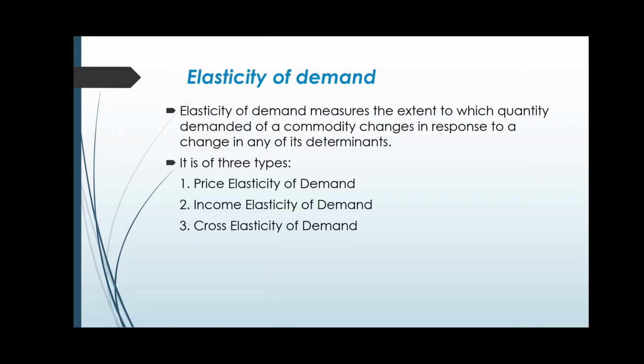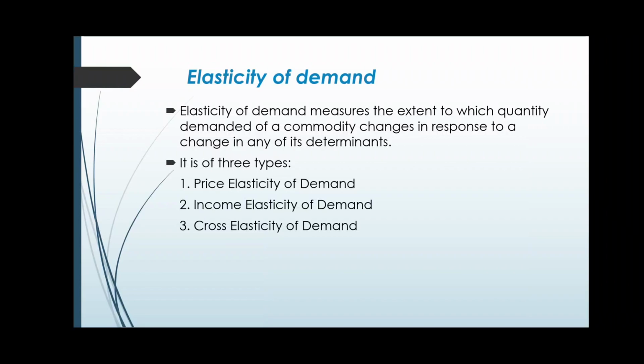And there are three types of elasticities. The first one is price elasticity of demand. The second one is income elasticity of demand, and the third is cross elasticity of demand. So whenever we studied about determinants, these three determinants were very prominent, that is the price of the commodity, income of the consumer, and the price of related goods, which we studied under cross price effect.